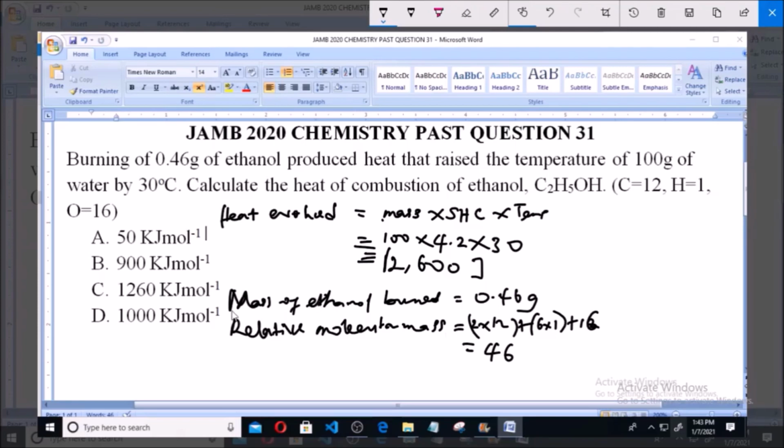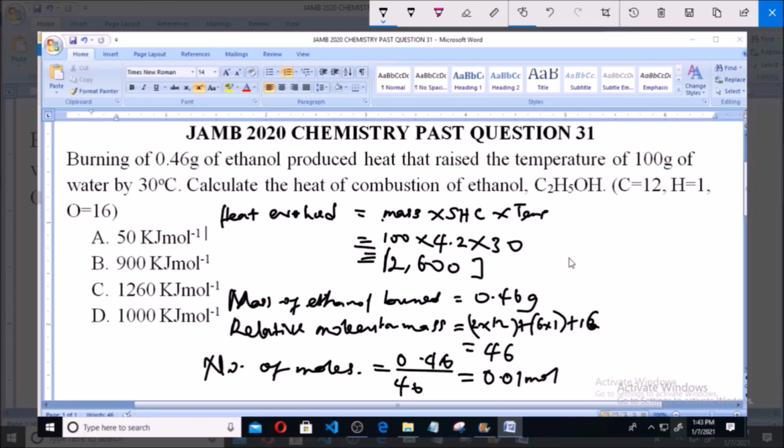Now, the number of moles of ethanol that was combusted will be equal to the amount given to us, which is 0.46, over the molecular mass of ethanol, which is 46, and that will give us 0.01 mole. So 0.01 mole is the number of moles of ethanol that was combusted.